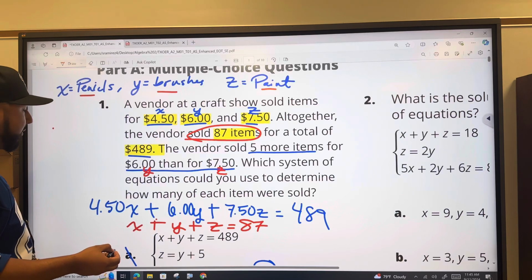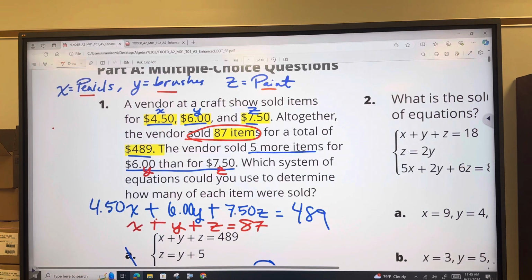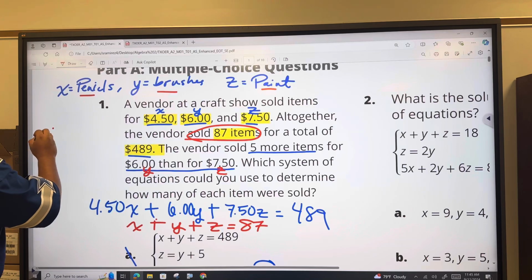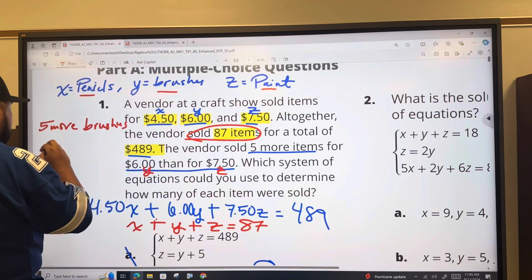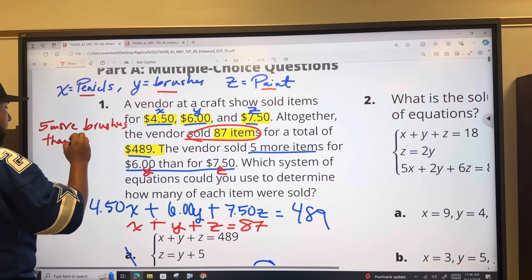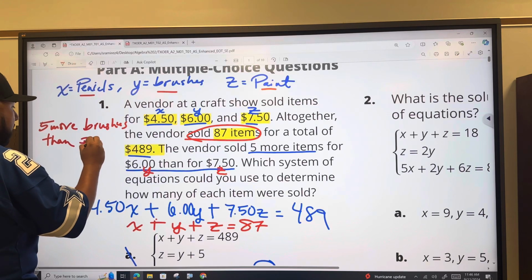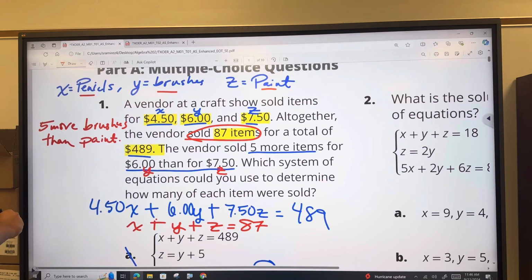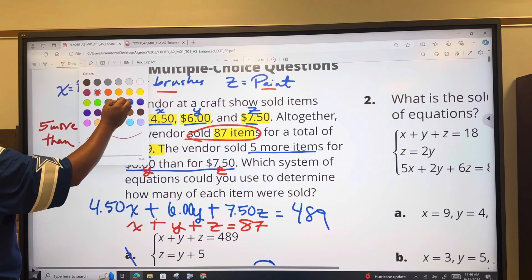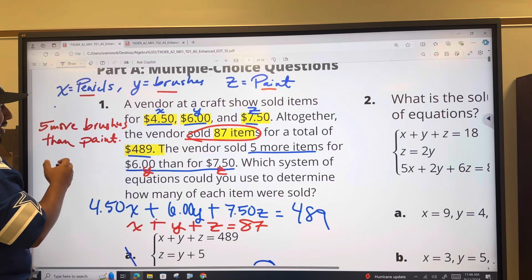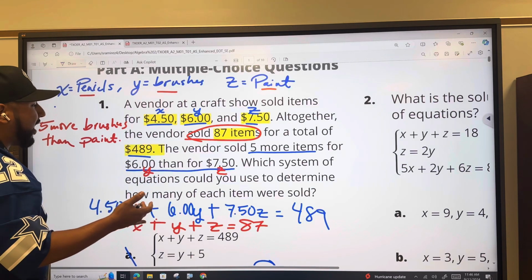So how do I write that? I need to make sure that I say, I know that there is 5 more brushes than paint. So should I write brushes equals 5 plus paint?